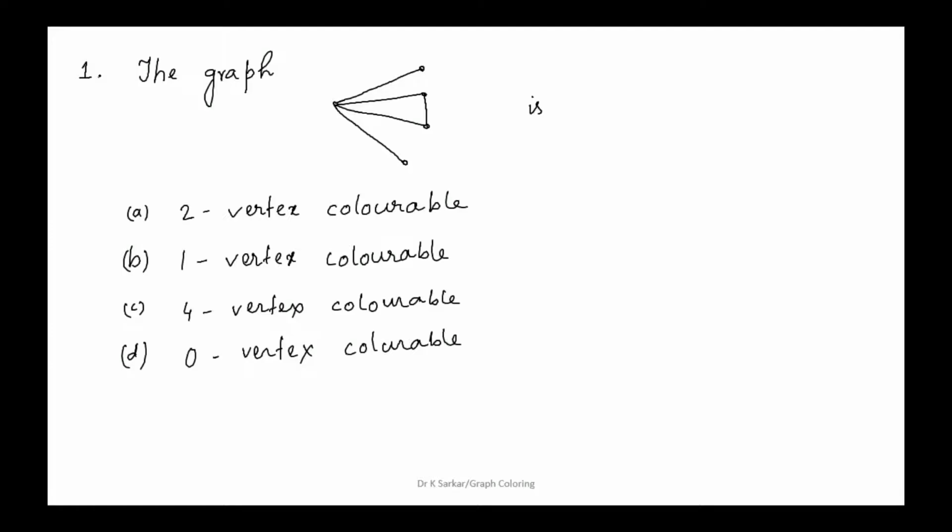Question number 1. This graph is: option A, 2 vertex colorable; option B, 1 vertex colorable; option C, 4 vertex colorable; option D, 0 vertex colorable. Here we observe that there are 5 vertices, say V1, V2, V3, V4 and V5.